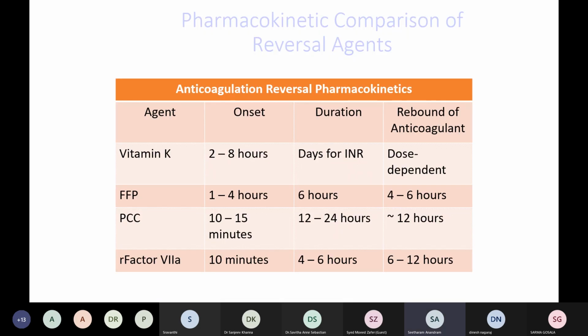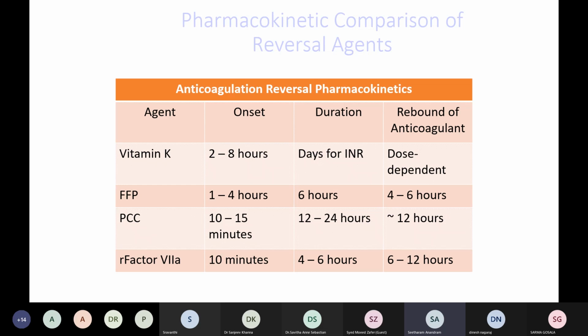This is a comparison of the pharmacokinetics of various reversal agents. Vitamin K reverses within 2 to 8 hours, probably about 6 hours. That is mainly because of factor 7, which has a short half-life of 6 hours. So as soon as you give vitamin K, that is the first factor to be replenished.